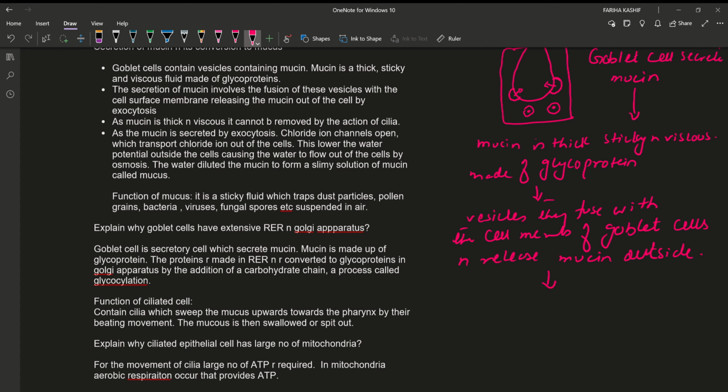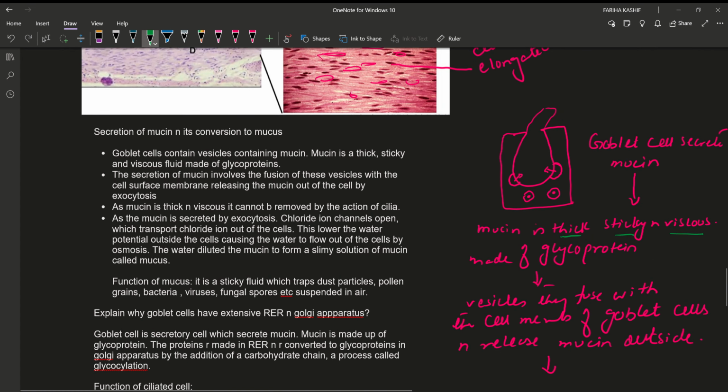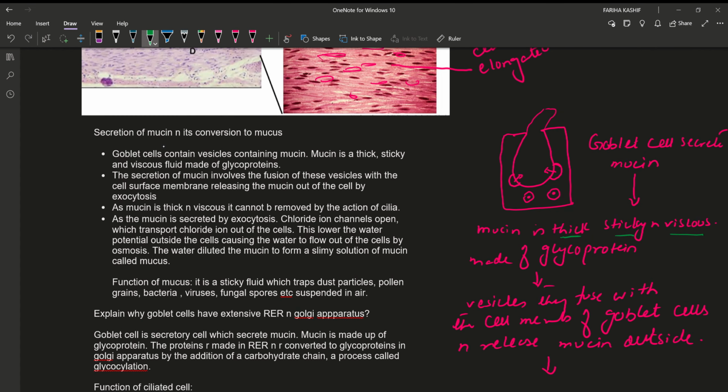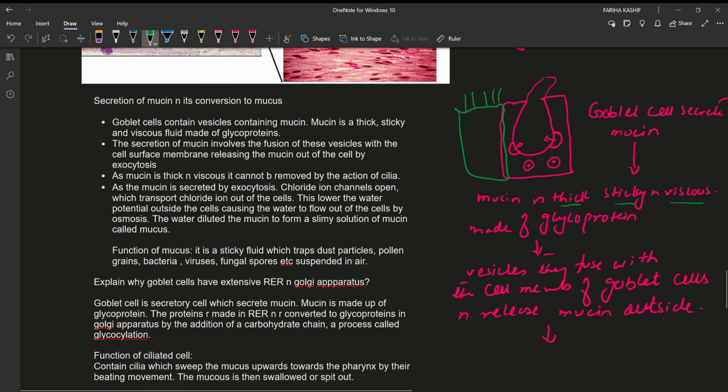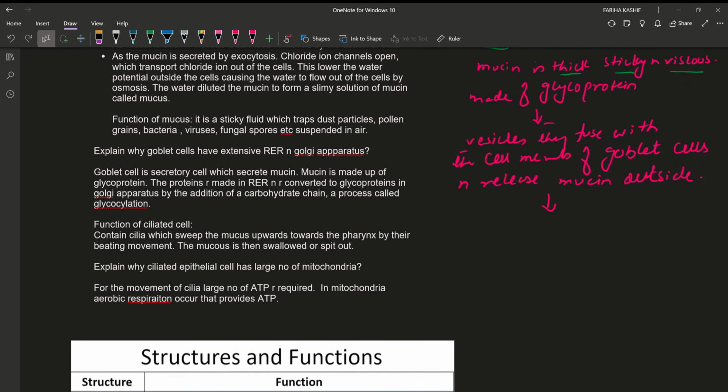Now, we know that mucin is thick, sticky and viscous. Therefore, of course, it cannot be removed by the beating movement of cilia. Cilia cannot remove it because it is a very thick, very sticky and very viscous fluid.